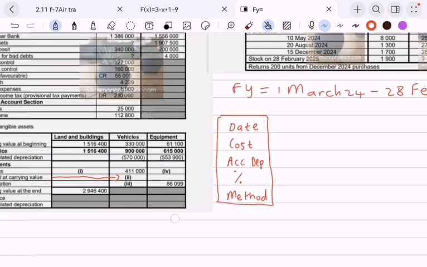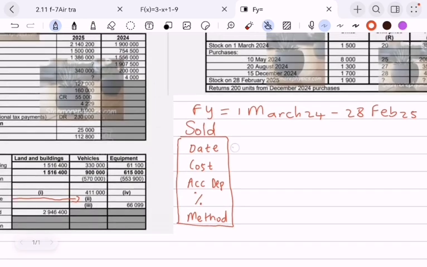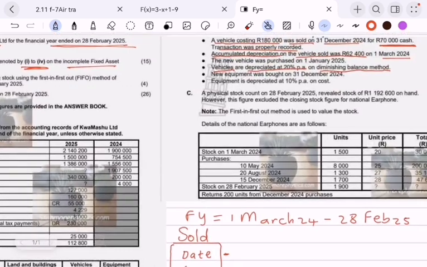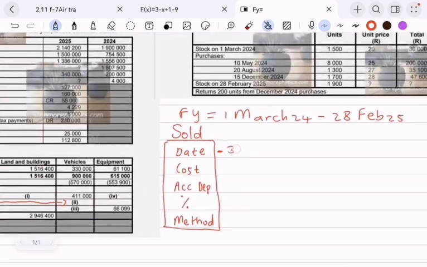So since we are dealing with the carrying value of the disposal, by disposing we mean we sold something. So we will be dealing with an asset that is being sold. So now you have to go back to the information and check the date at which it was sold. So it was sold on the 31st December 2024. You write your beautiful date, 31st December 2024.